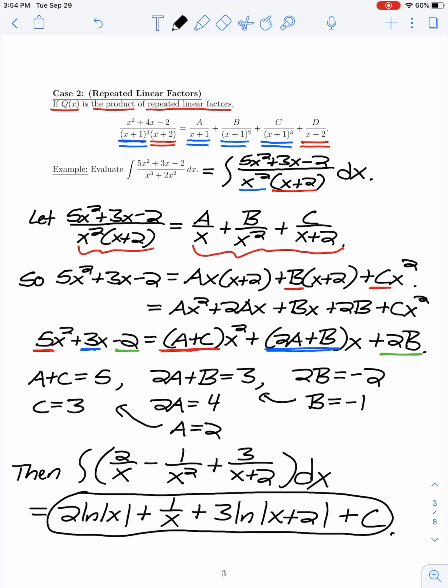So this example illustrates how this second case of partial fraction decomposition works if we have some linear factor which is repeated.